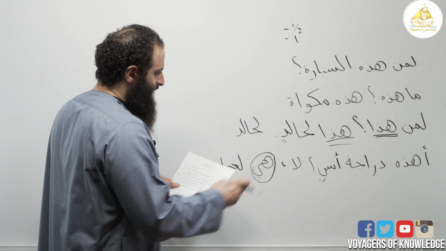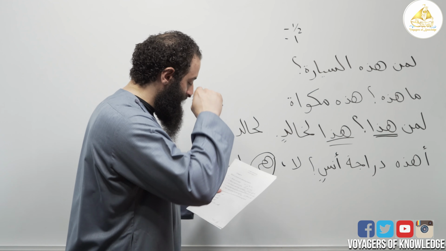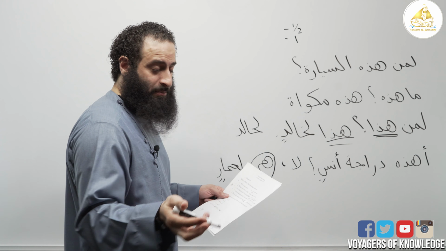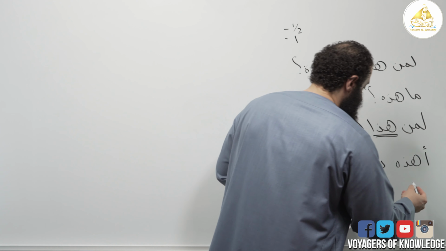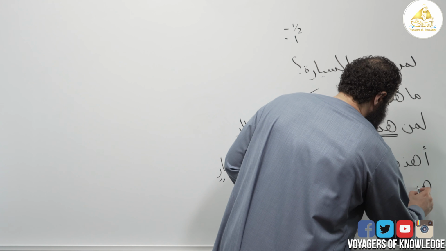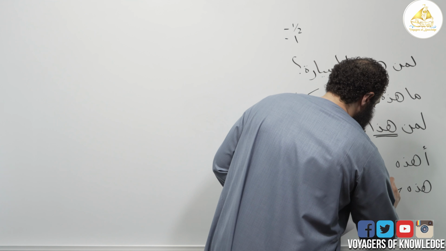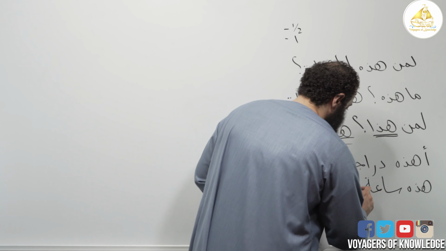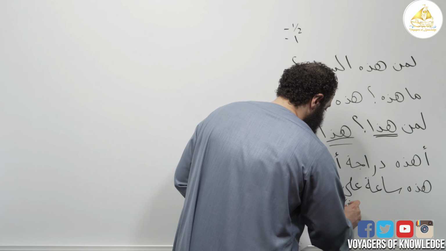Now, this one is worth 7 points. For number 5, it says, this is Ali's watch. It is very beautiful. So we're going to say هذه ساعة علي.